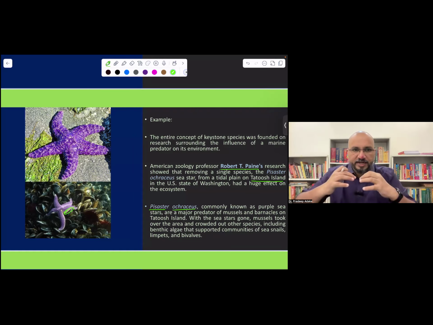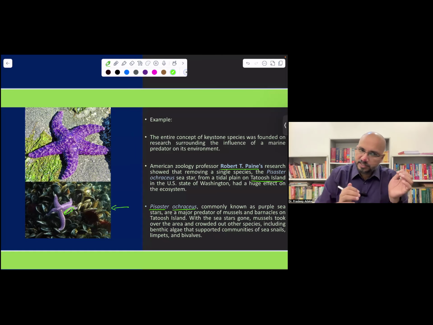With the help of tube feet, they will open up these clams. We have these mussels. Mussels are basically bivalves, and they belong to Mollusca. These mussels are the food for these purple stars. So they will open the mussels. Suppose it is like this. They will open it up.